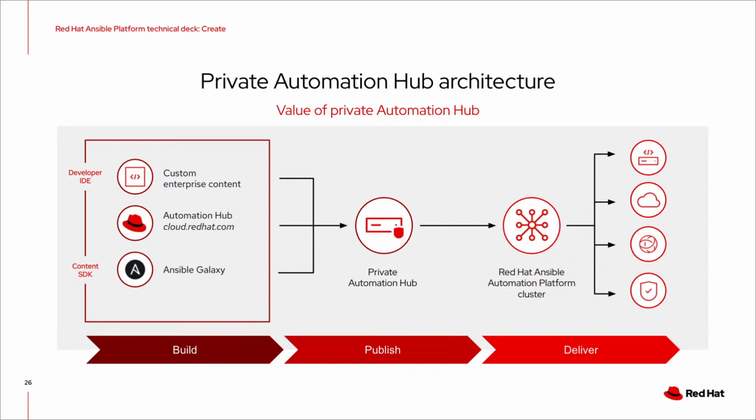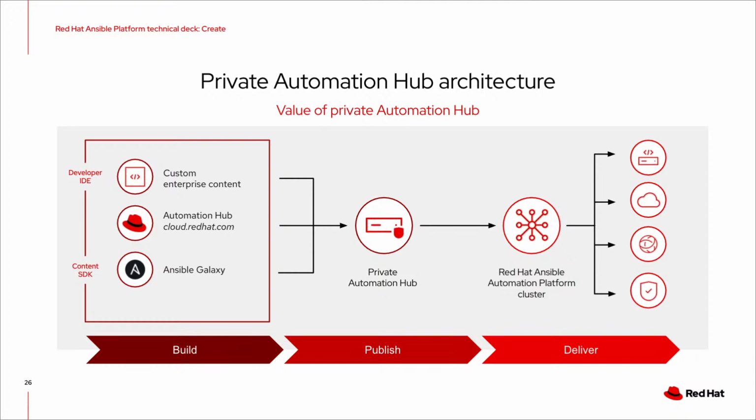This is going to be from Red Hat and from our partners. Ansible Galaxy, this is the community repository. And you actually have the ability to then import all of what is available in these different repositories and centralize that in your own private automation hub so that your teams only have access to the correct systems or to the correct automation.